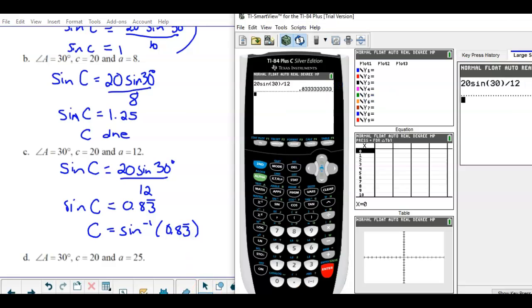Okay, don't round it or anything, use the unrounded value in your calculator, so second sine of that answer, and that's 56.4.